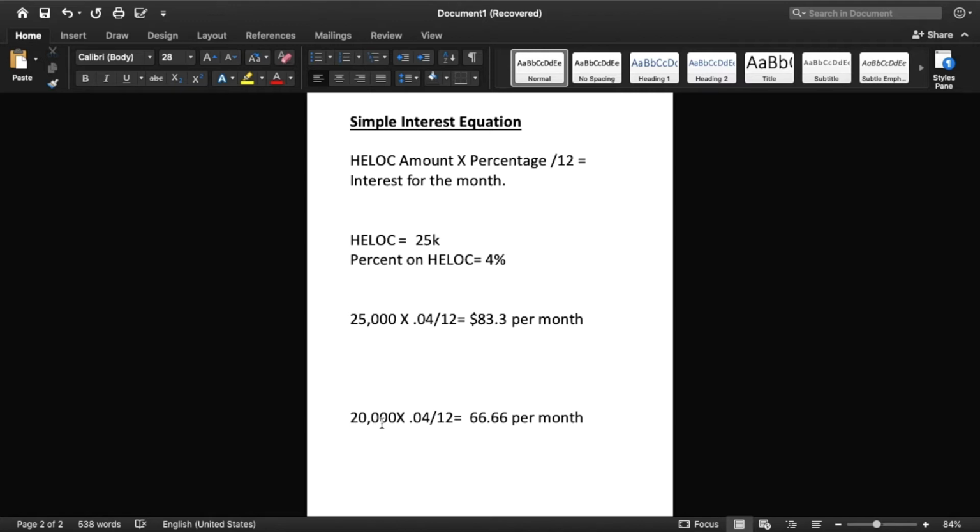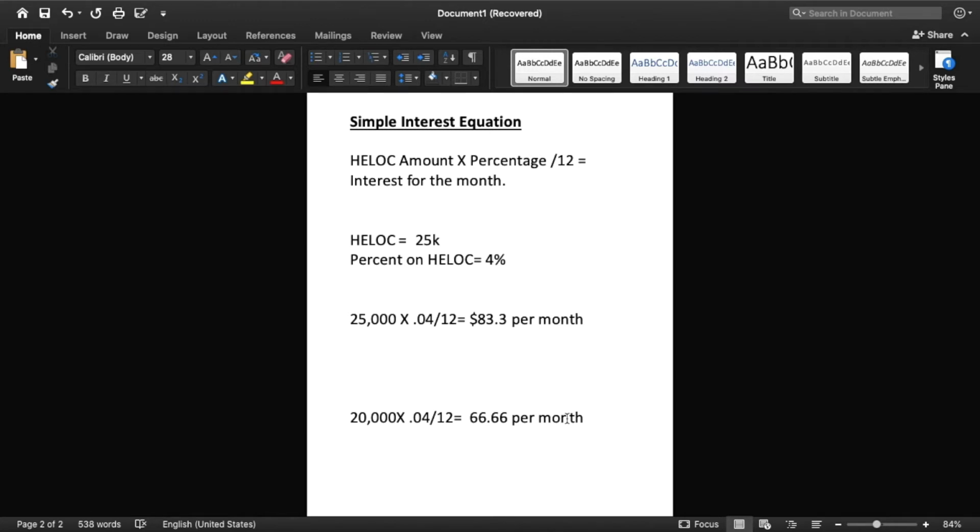So we're going to do the 20,000 times 0.04, since it's 4%. We'll divide that by 12 months in a year. We're going to get $66.66 per month. So we see that the more that you're putting on the HELOC, the less that you're going to pay per month in interest.